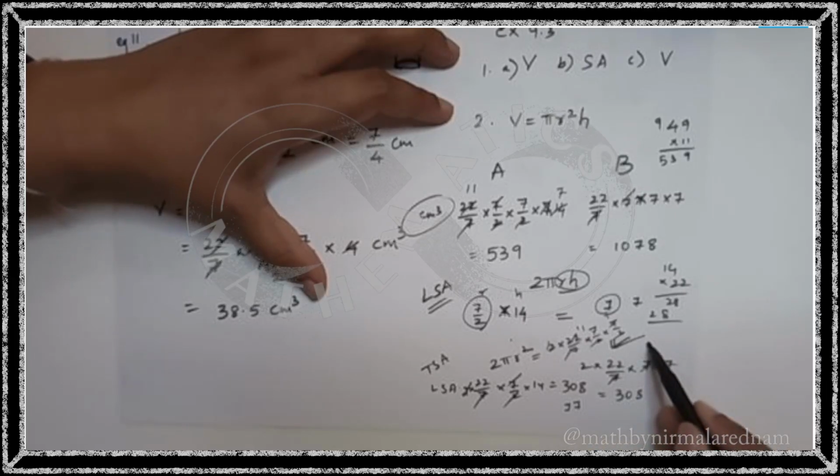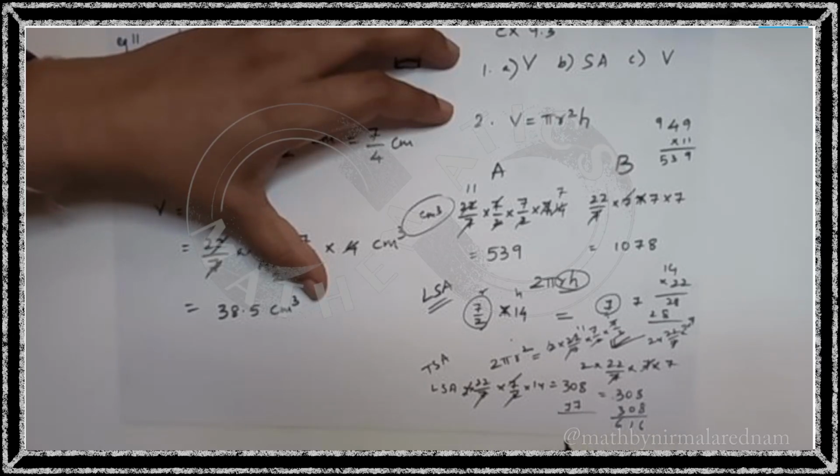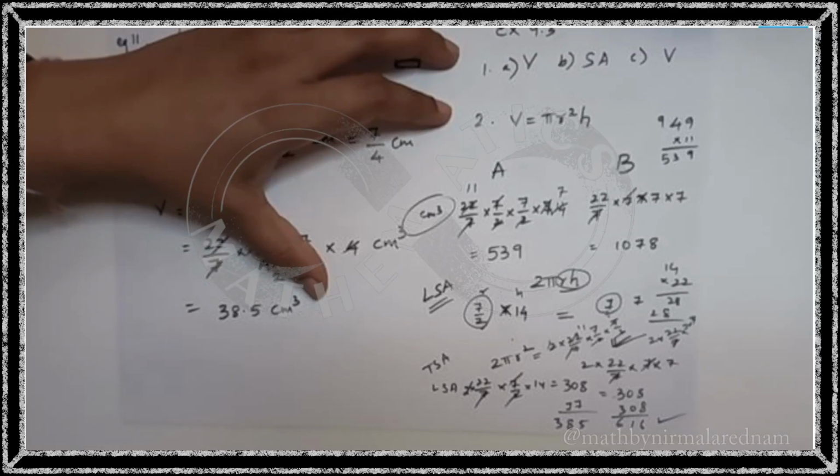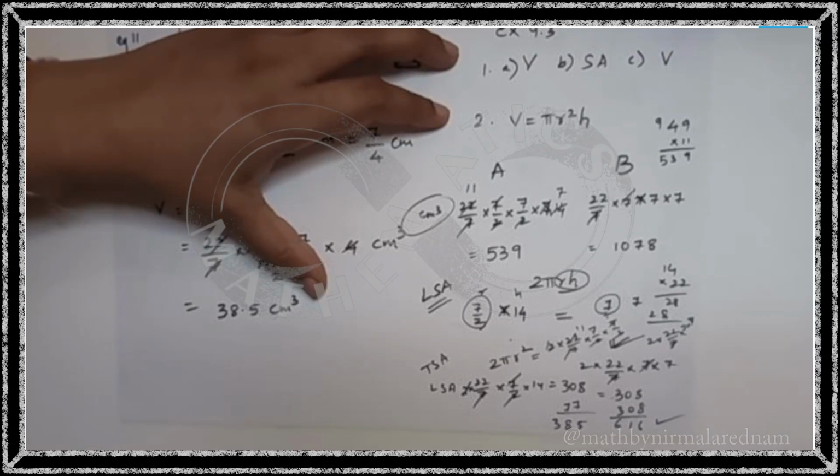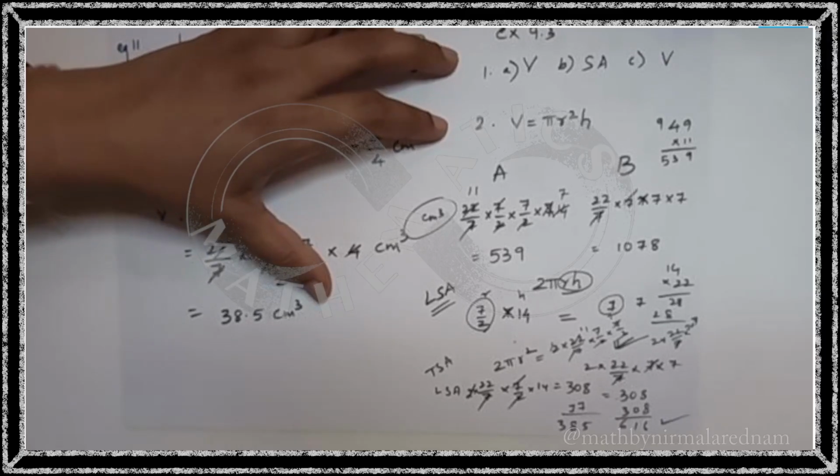Whereas in the second case, 2 pi r square, I have 7 into 7, right? So here I have another 308. So this is actually 616, whereas this is only merely 385. So you can see that the second cylinder B has more surface area when you're talking about total surface area, right?